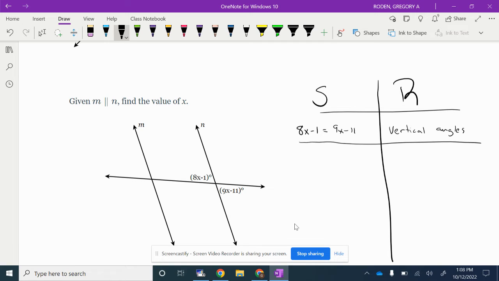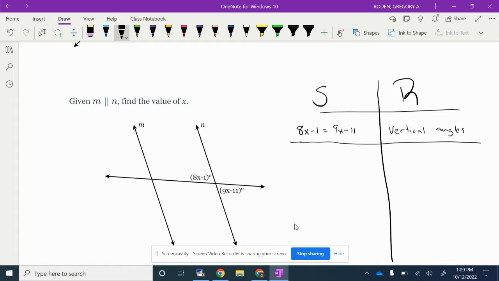Okay, excellent job. Ben, victim, stick, or volunteer? Fancy Aaron. Okay, how are we going to do this one? So I would add 11 to both sides.